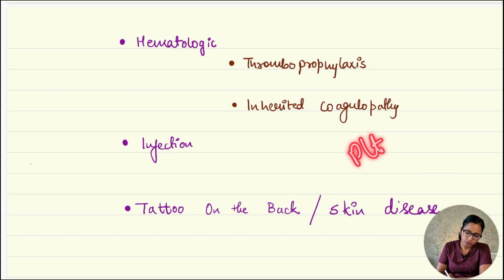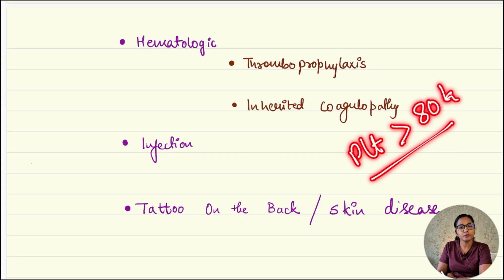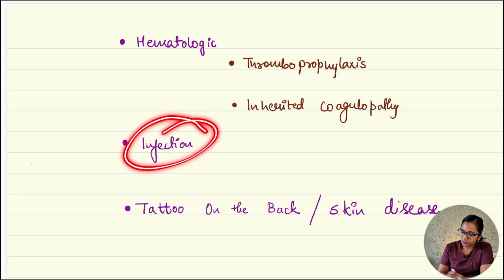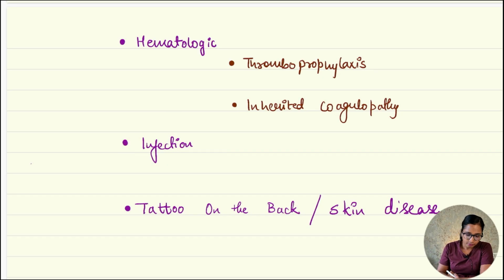Platelet count more than 80,000, we usually give spinal anesthesia to patients who have more than 80,000 platelet count with a single shot spinal by an experienced anesthetist. If the platelet counts are low, then we have to increase the platelet count. Presence of an infection is a relative contraindication.